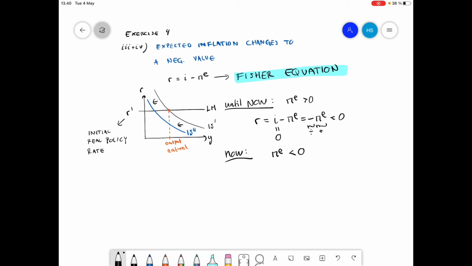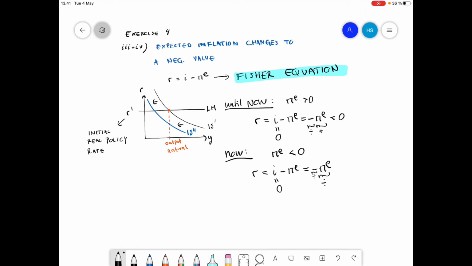How do we calculate the real interest rate? Well, recall the Fisher equation that says that the real policy rate is equal to the nominal interest rate minus the expected rate of inflation. Still, the economy is operating at the zero lower bound, so the nominal interest rate is equal to zero. So the real policy rate is equal to minus the expected inflation. Since the expected inflation is negative now, we have a minus sign here times something.